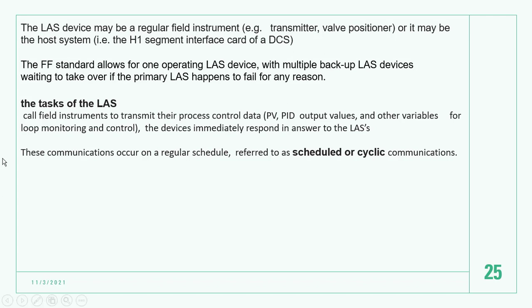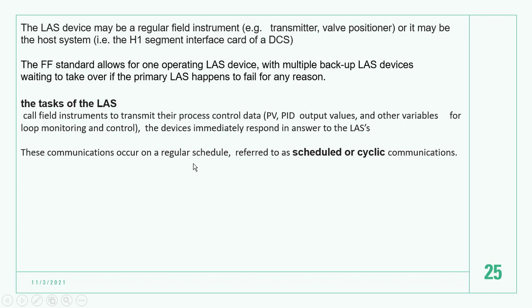It calls field instrumentation to transmit the process control data. This is scheduled: PV, PID, output value, and other variables for loop monitoring and control. The device immediately responds in answer to the LAS.